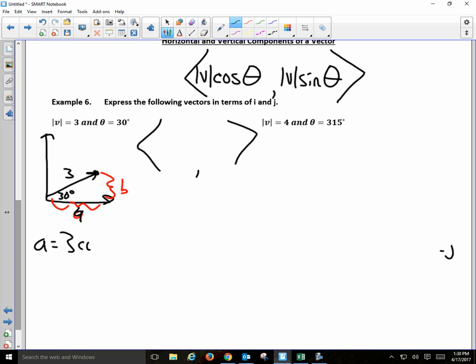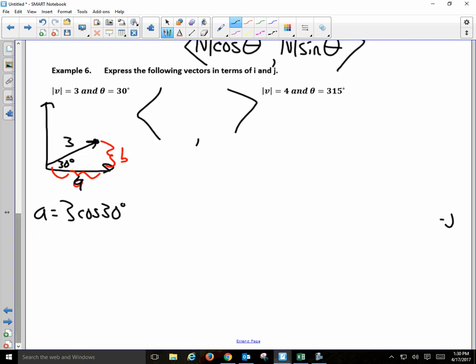Three times the cosine of 30 degrees. Do you know what the cosine of 30 degrees is? So we get 3 root 3 over 2.